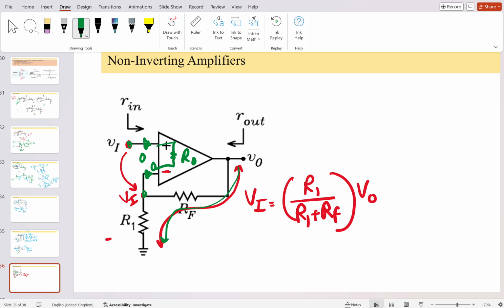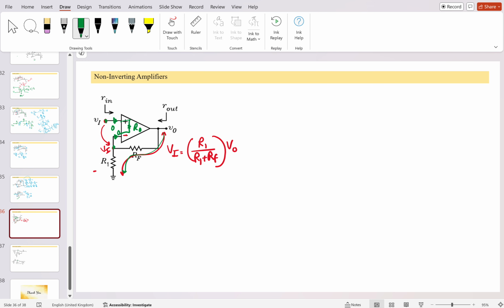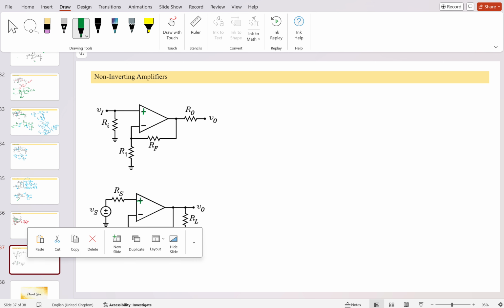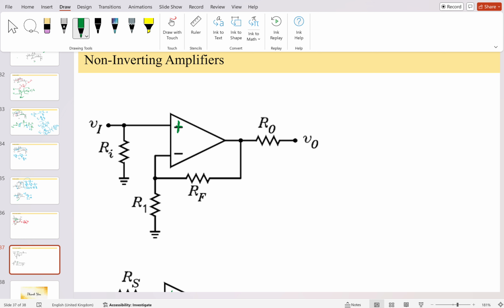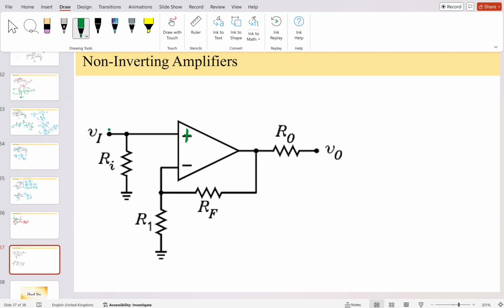Let's take another example. In this problem, V input is here, and this node is also V input, so reflect it here. V output is not directly connected, so assume this is Vx.